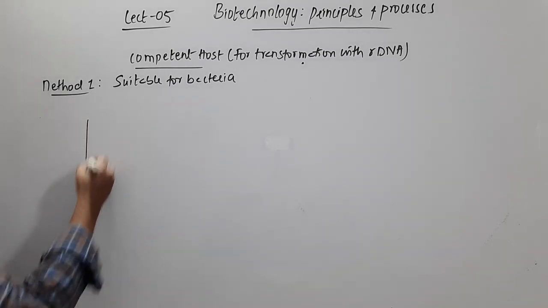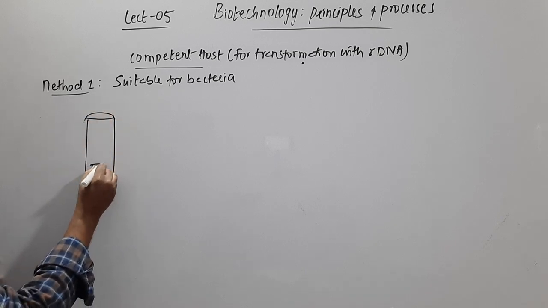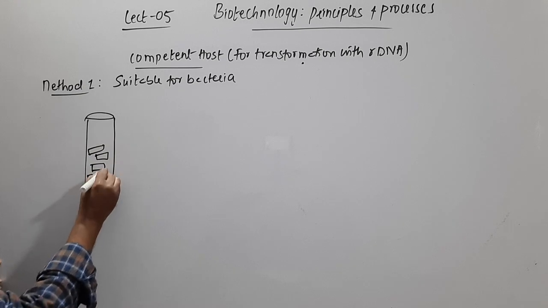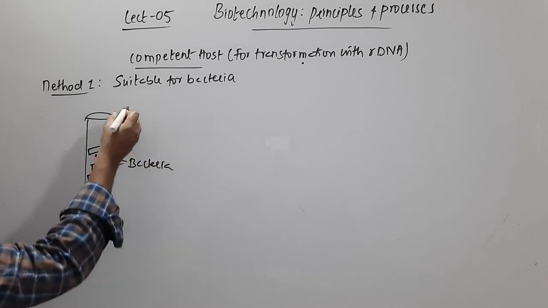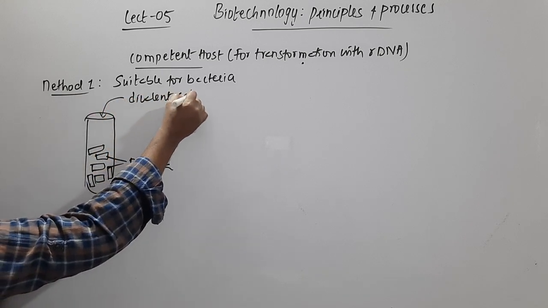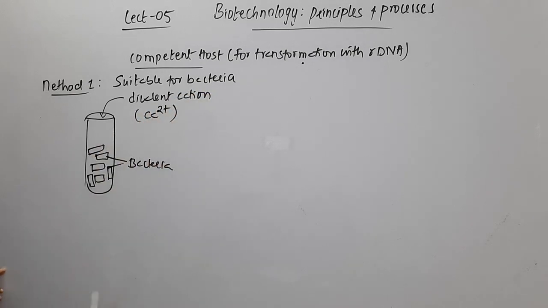So I'm going to take the bacterial cells. All these are bacteria, and now to this I have added a divalent cation like calcium. So I have added the calcium.